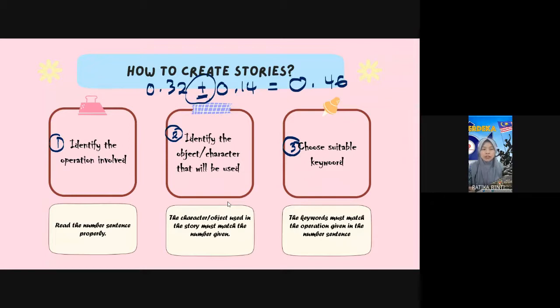If the operation is subtraction, then you need to choose the keyword for subtraction. How many left? The remainder, and so on. Okay, boleh faham? Clear kan? You have learned this in the previous lesson. This one is only revision for you. Okay, boleh ah?